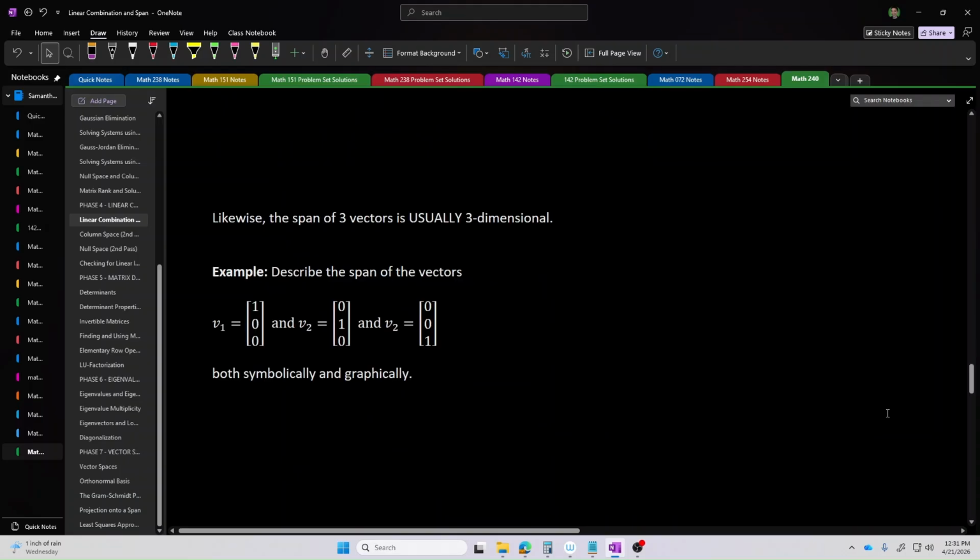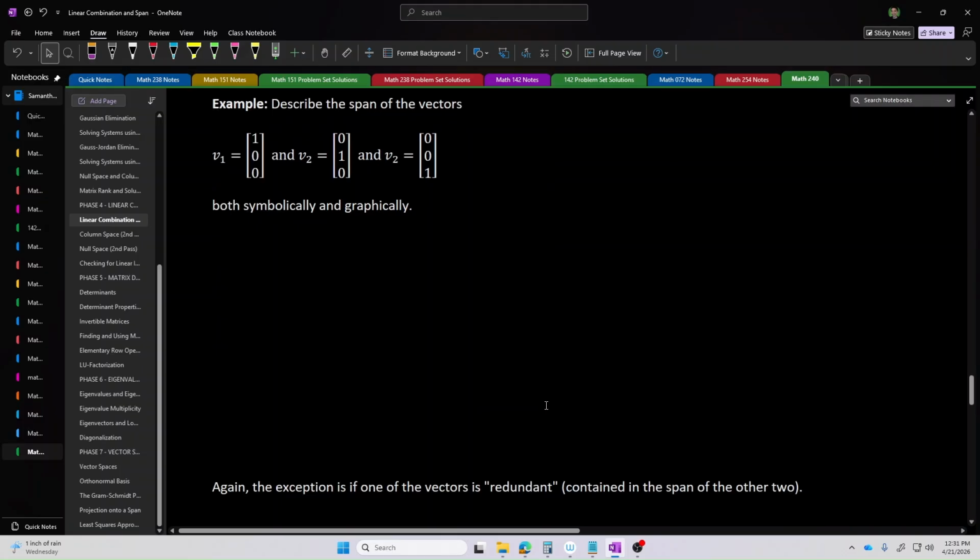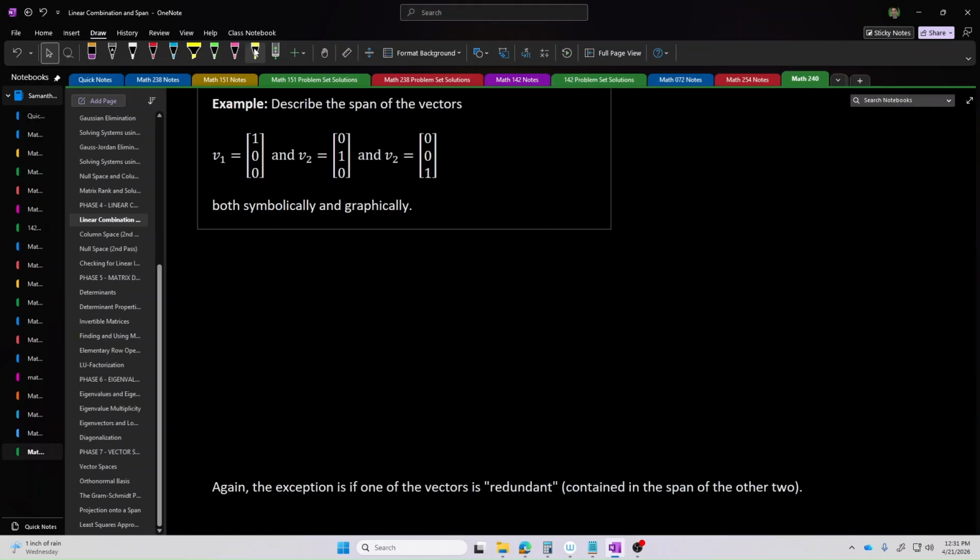So similarly, when we're dealing with a set of three vectors, in most cases, if you span three vectors, you're going to get something that is three-dimensional, like the three-dimensional world that we live in, right? So for example, if I have the vectors v1 equals 1, 0, 0, v2 equals 0, 1, 0, and v3 equals 0, 0, 1, the span of these vectors would be all of the vectors that have the following shape.